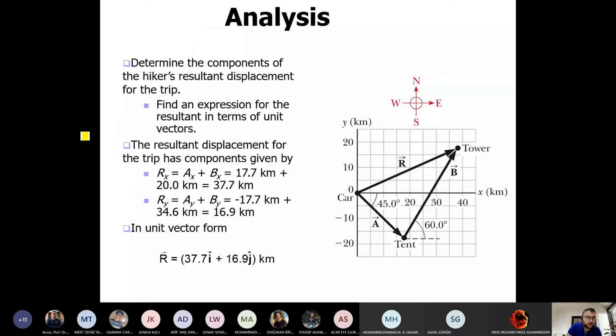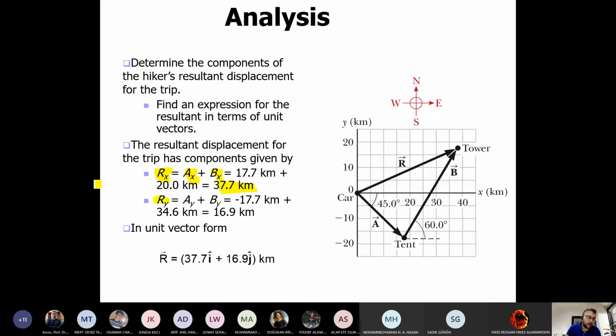So the resultant displacement for the trip has components given by Rx. So this is for the x component. For the x component, you must use only the x components of the vectors A and B. So Ax plus Bx: 17.7 kilometers plus 20 kilometers is equal to 37.7 kilometers.